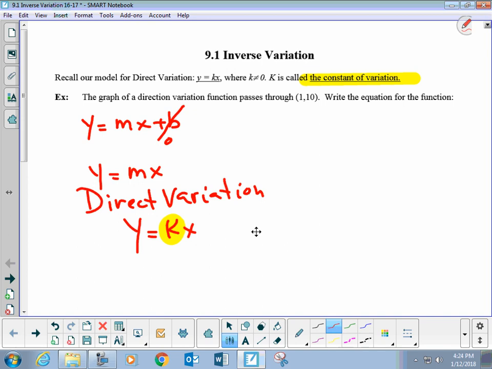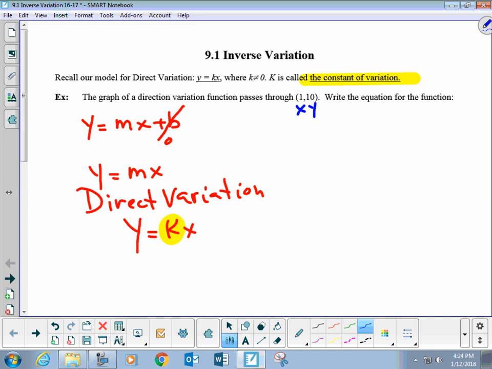So here we have our first example, that says the graph of a direct variation function passes through (1, 10). Write the equation. So I am giving you here x, y. Like we do in so many cases, now plug it into the equation and solve for what you need.